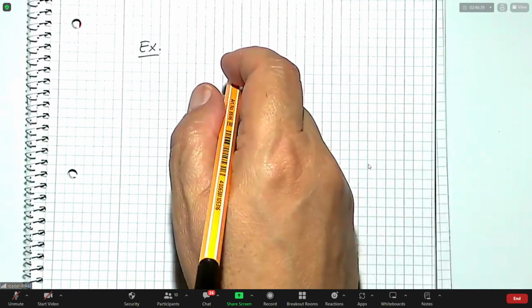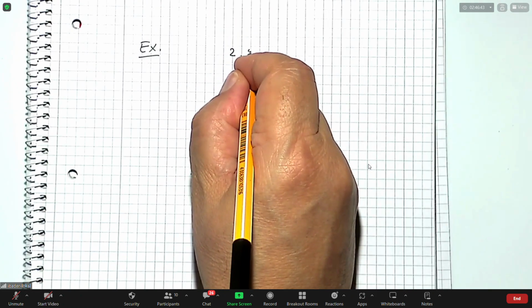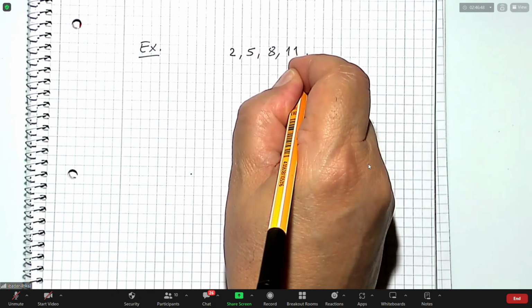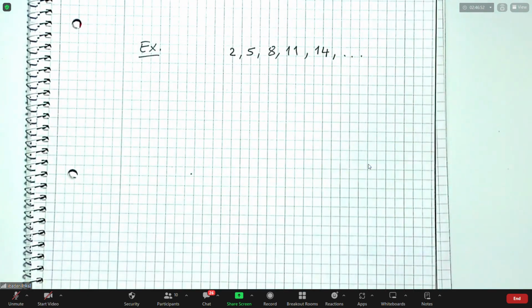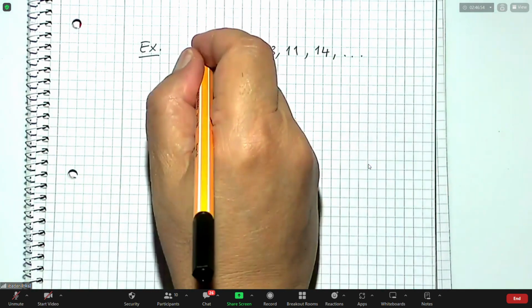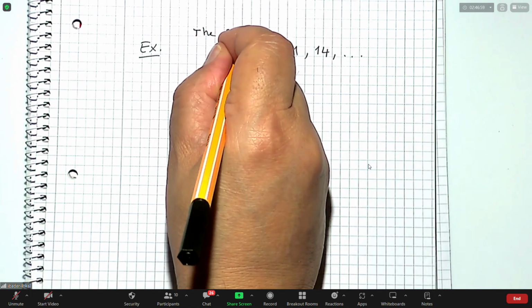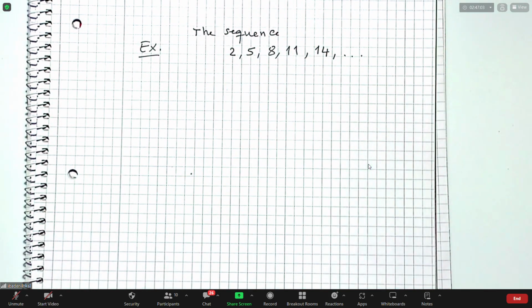Now, as I told you, given the sequence, can you see it?